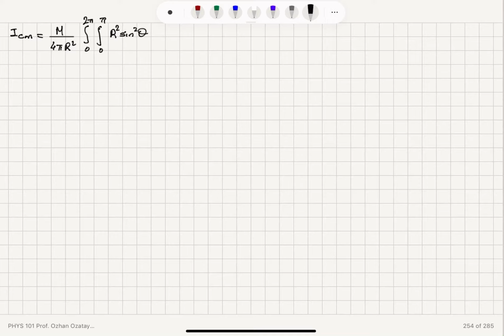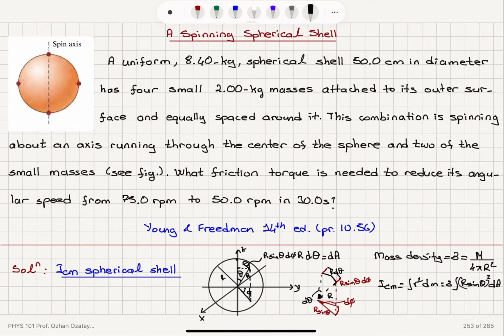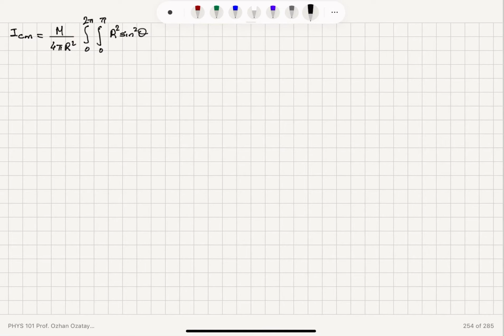Then for the area element, I substitute r squared sine theta d theta d phi, so that this is going to become capital M divided by 4 pi r squared.